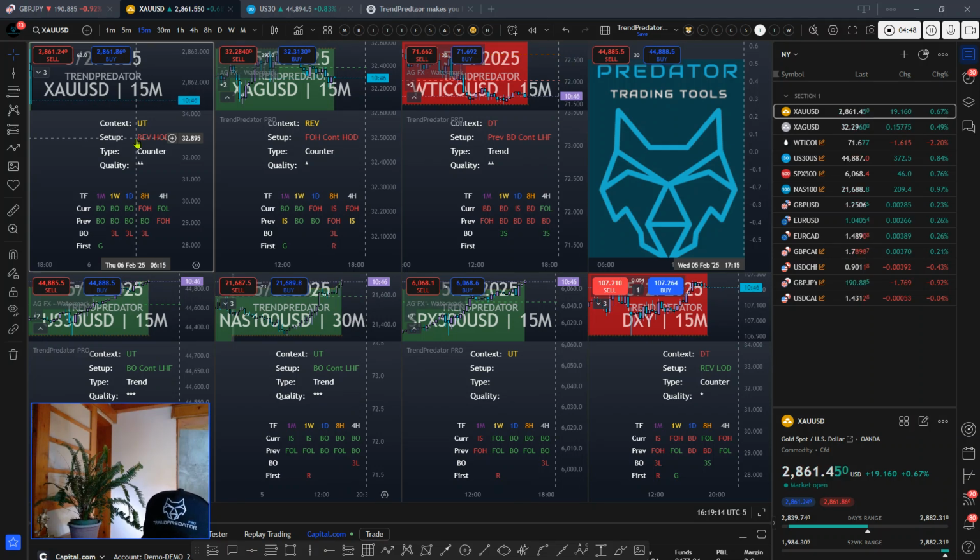Then it's down to you as the discretionary trader as to how you're going to manage that setup, when to get in, when to get out, and how to manage your risk accordingly. So let's have a look at a couple of setups from today.